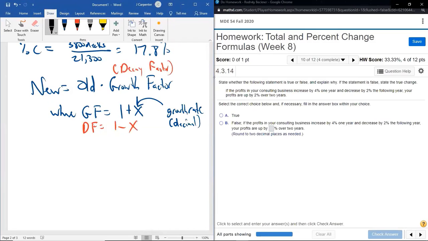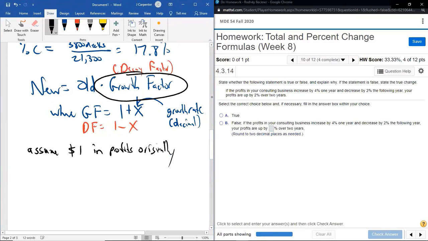So to use this as a baseline, let's just assume we have $1 in profits originally, so that we're only focusing on the actual growth or decay factor, because if the old is 1, then it doesn't even really need to be seen there because 1 times anything is the anything.